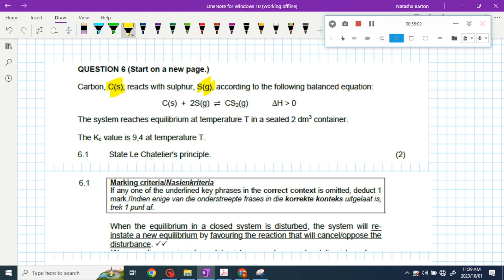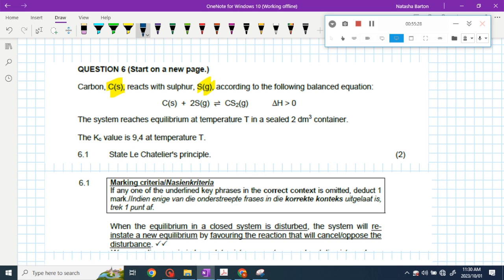As soon as you get into the section on chemical equilibrium or rate of reaction, you must pay attention to the details. This is a solid, which means it will not be included in a Kc expression. If we want to speed up the rate of the reaction, we will not do so by adding more of it. Instead, we will break it up into a powder. Pay attention to those details.